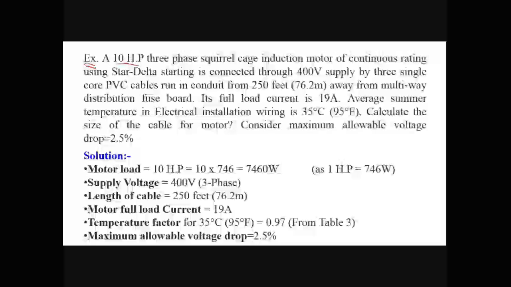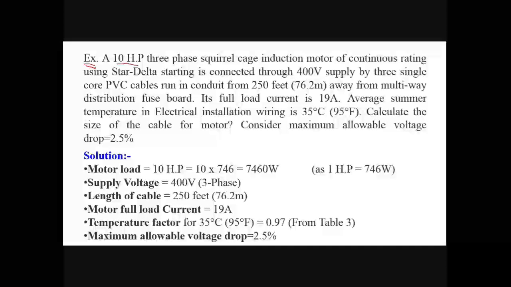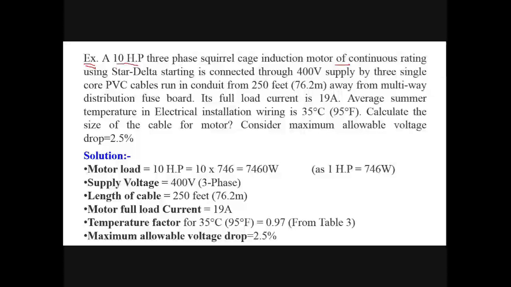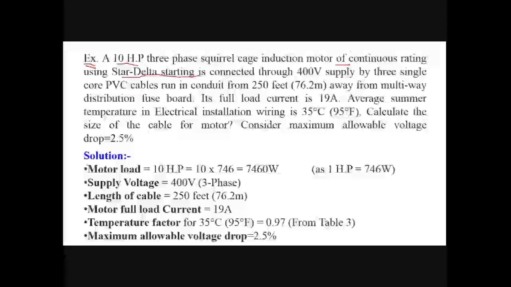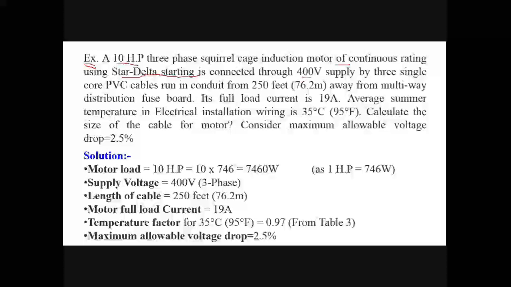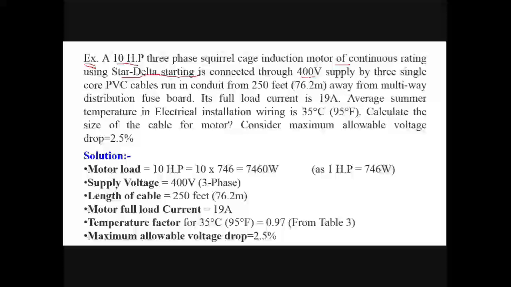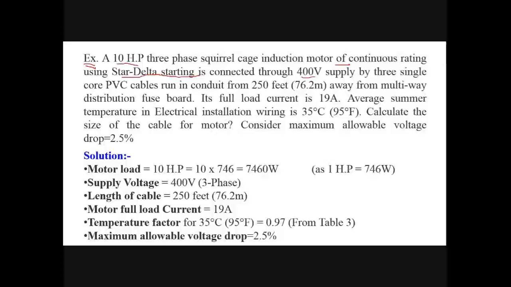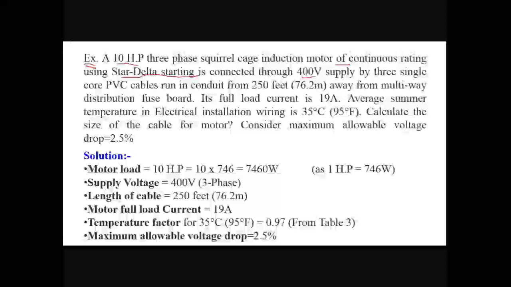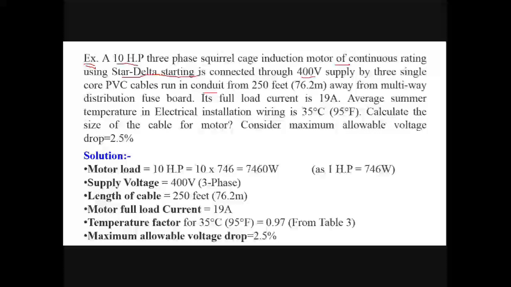Here we use a squirrel cage induction motor of continuous rating, using star delta starting, connected to 400 volt. Whenever we consider a three-phase supply, we take the value as 400 volt or sometimes 440 volt. It is supplied by three single core PVC cables run in conduit.